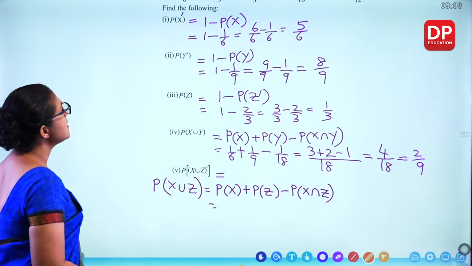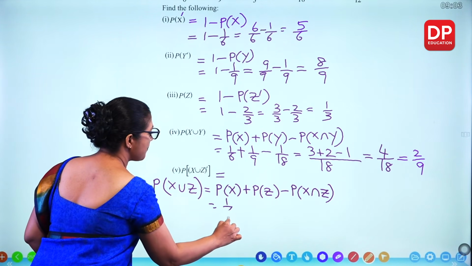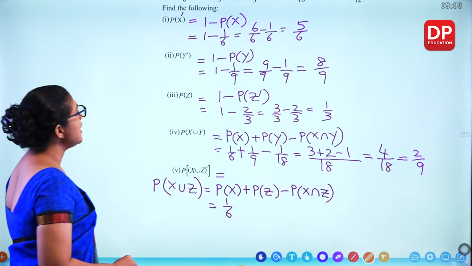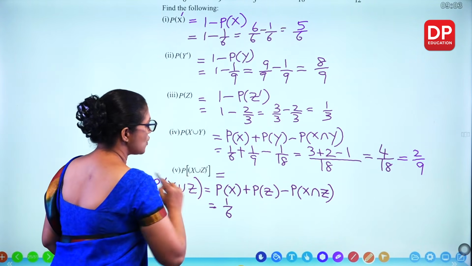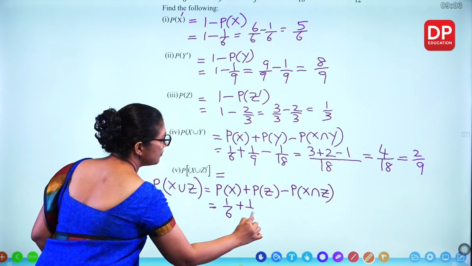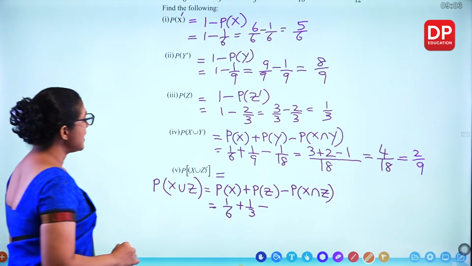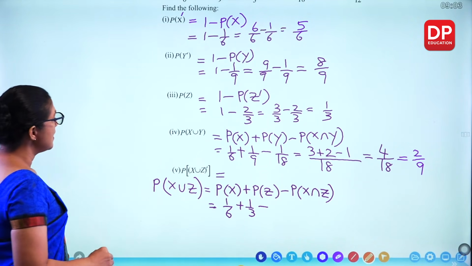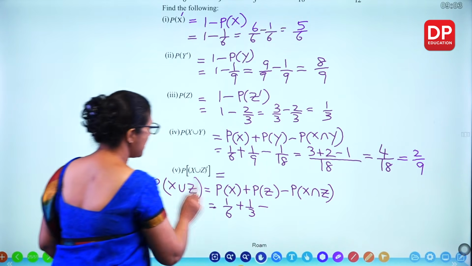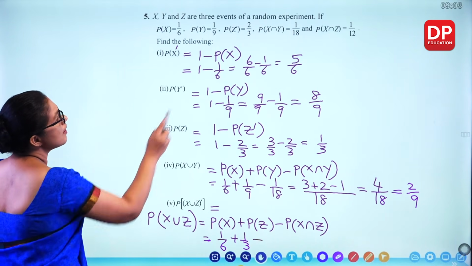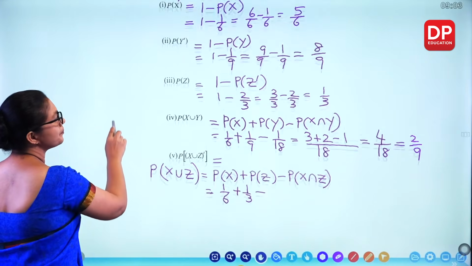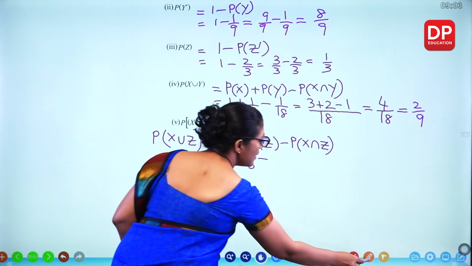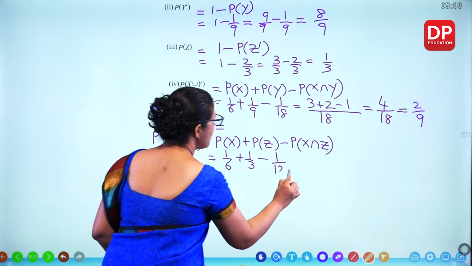Probability of x is 1 over 6. Probability of z is, we found, that's 1/3. What's x intersection z? X intersection z is given as 1 over 12.